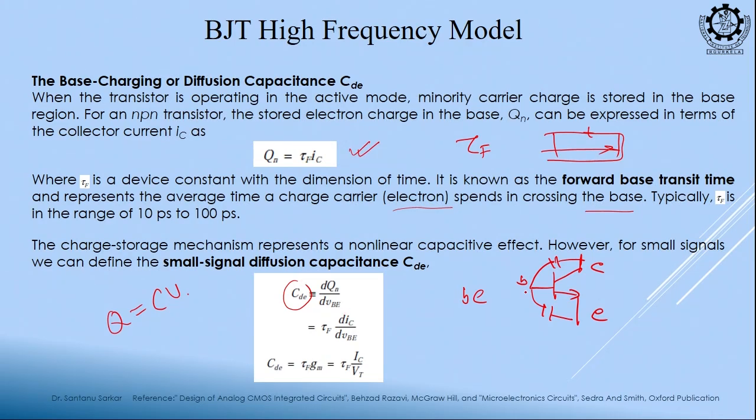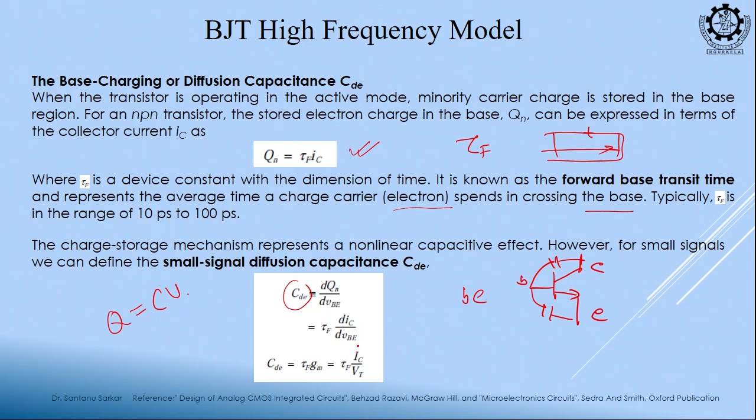We know the base emitter junction voltage, that is VB, and we know Q. We are taking a derivative, because this is not a linear capacitance, we are trying to find an incremental capacitance. So, del Q by del VB is my CDE, and putting the value of Qn, it comes as tau f into del IC by del VB.